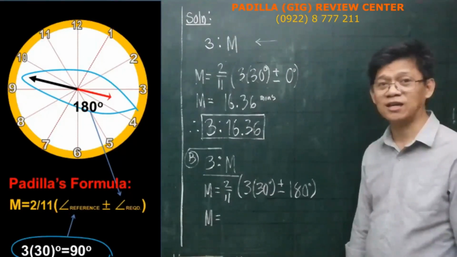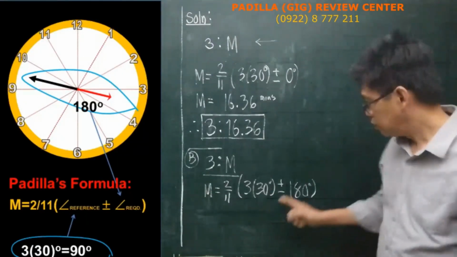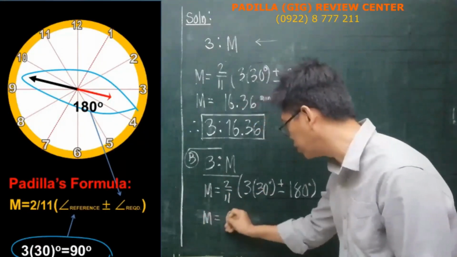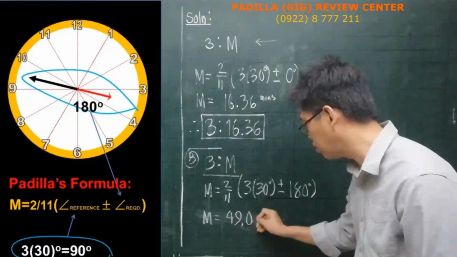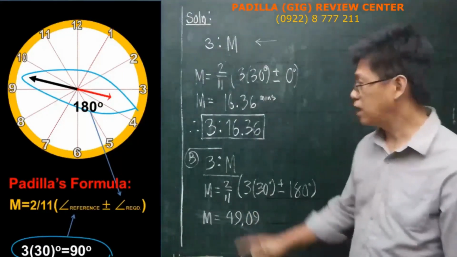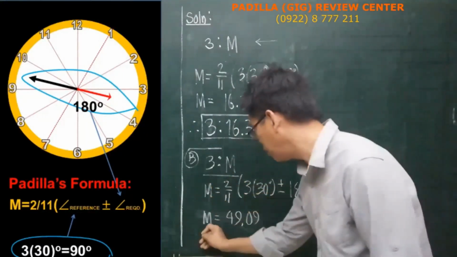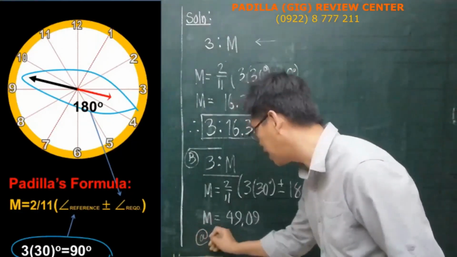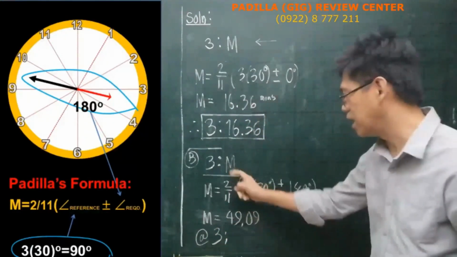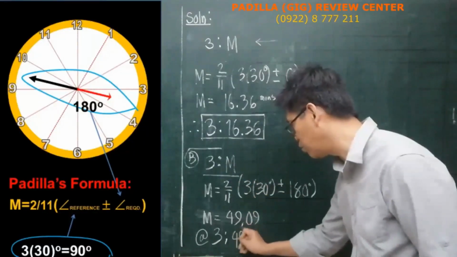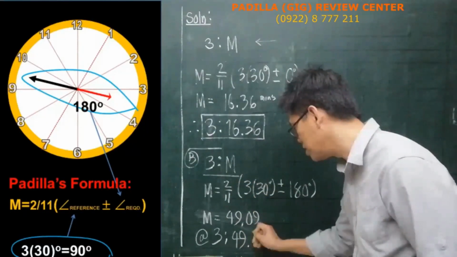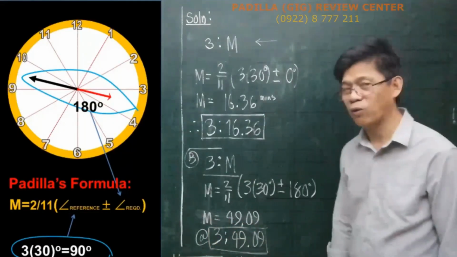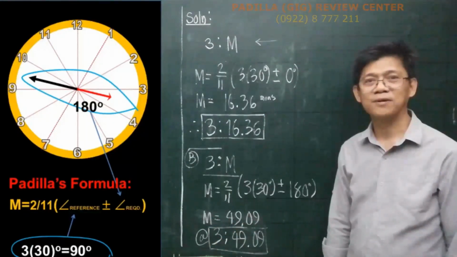So, you just take the positive value. You calculate this, and you'll get M here to be 49.09. So, therefore, the time when they will be opposite each other is at alas 3:49.09. This is the required time.